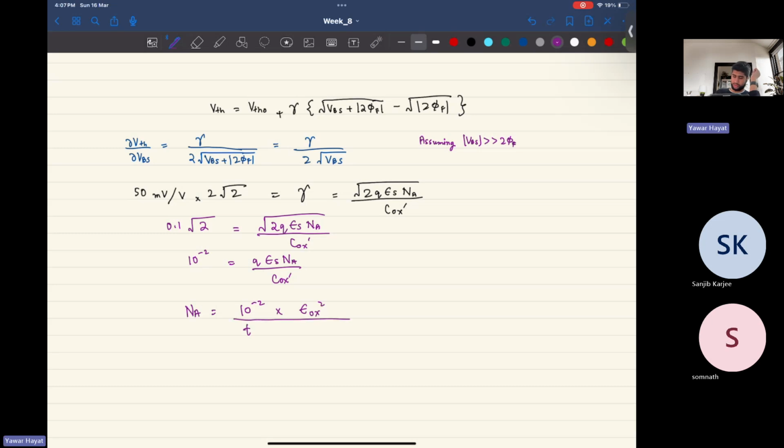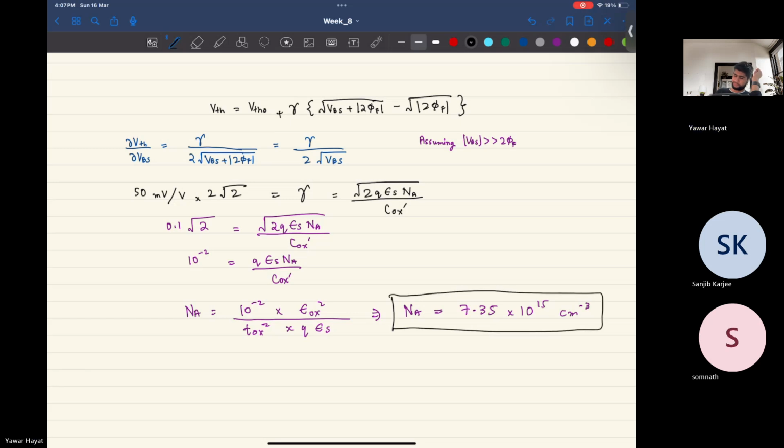We just plug in the numbers. NA will be equal to 7.35 into 10 to the power 15 per centimeter cube. One minute, sir.